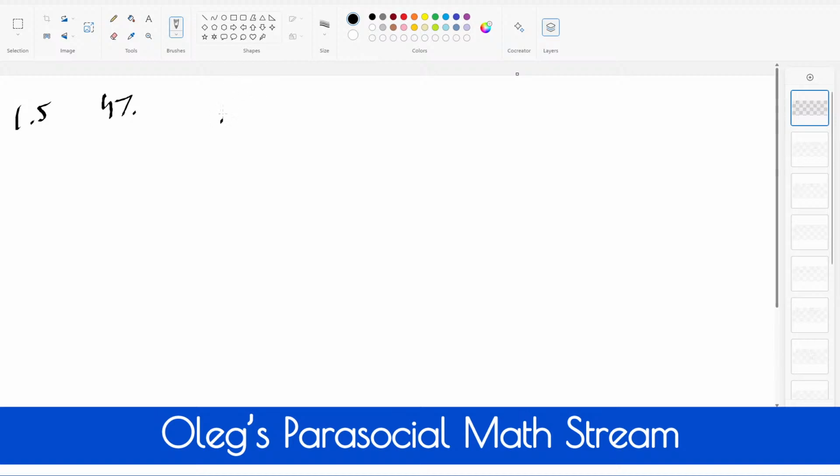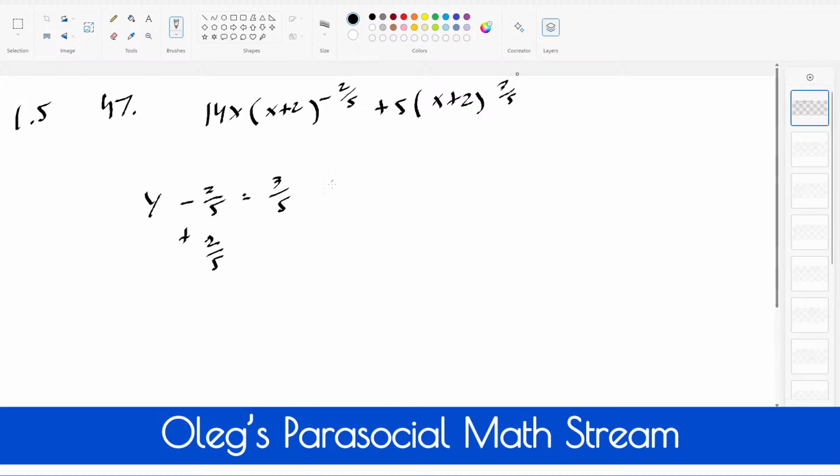We have 14x times (x + 2)^(-2/5) plus 5 times (x + 2)^(3/5). So again, we have y and minus 2/5, and that's going to result in 3/5 plus 2/5, which is equal to 5/5, which is equal to y is equal to 1.